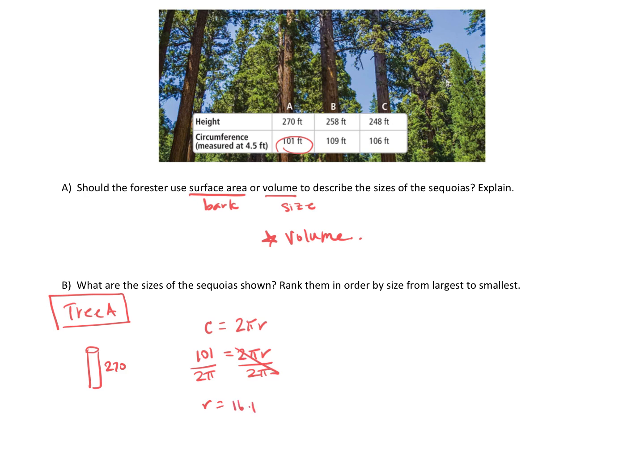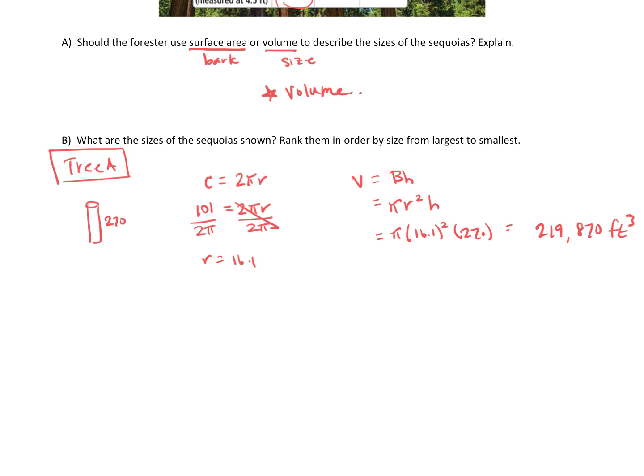Well, now we can find the volume of tree A. Area of the base times height, but our base is a circle, so area of our base is pi r squared times height. So pi times, we just found the radius, is 16.1 squared. And then the height we said was 270 feet. When we multiply that out, we get a volume of 219,870 feet cubed.